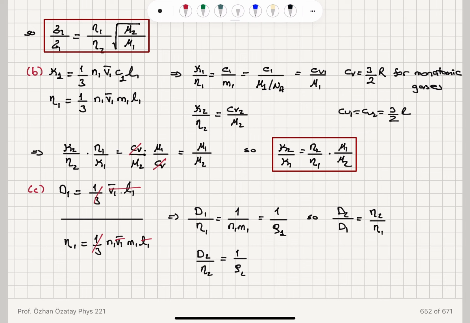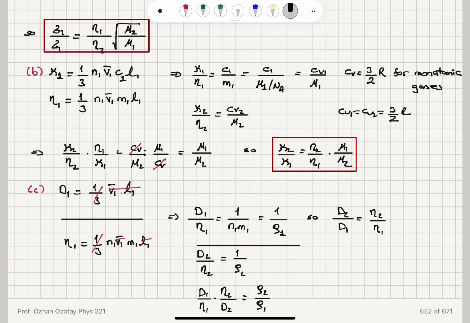So diffusivity 2 over diffusivity 1 multiplied with eta 2 over eta 1. So let's do this right here. Take the ratio. Diffusivity 1 over eta 1 multiplied by eta 2 over diffusivity 2 will give us rho 2 over rho 1.